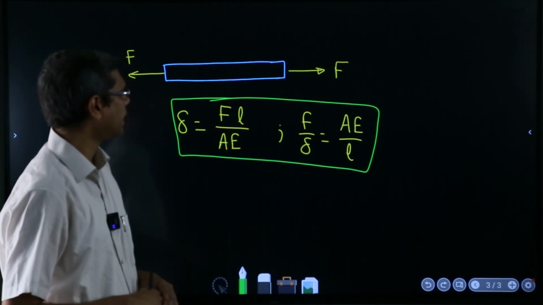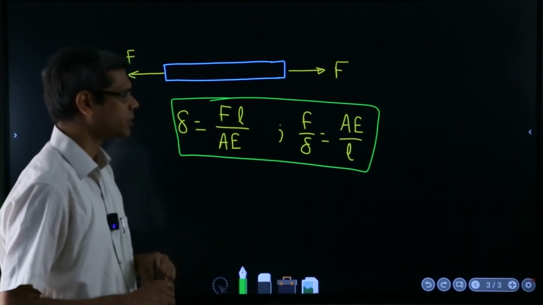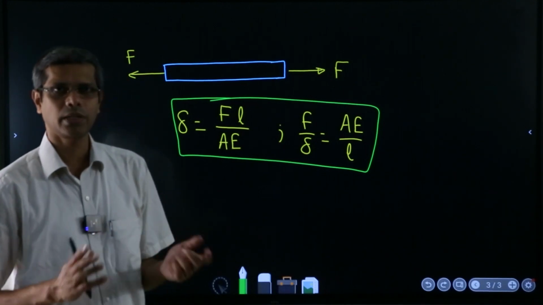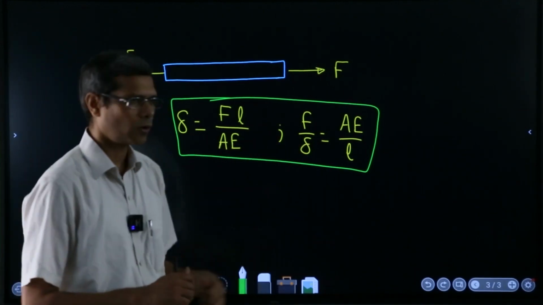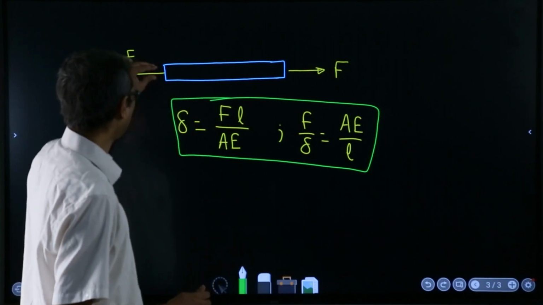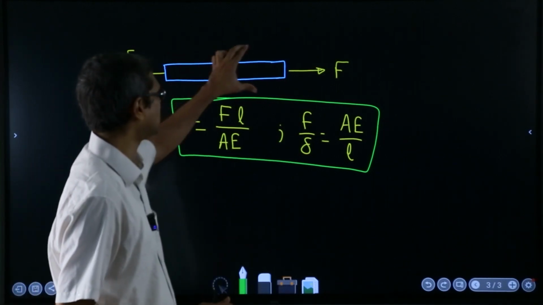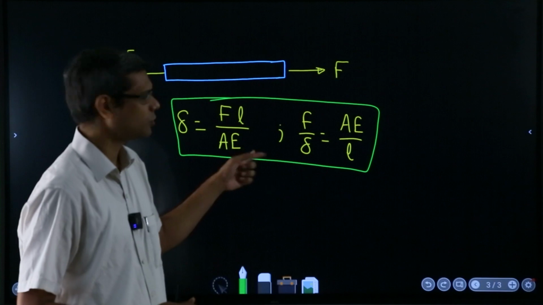If any of the assumptions is not valid in a particular condition, you can't use these forms directly. For example, if the area of cross section is changing gradually, you cannot just use this.